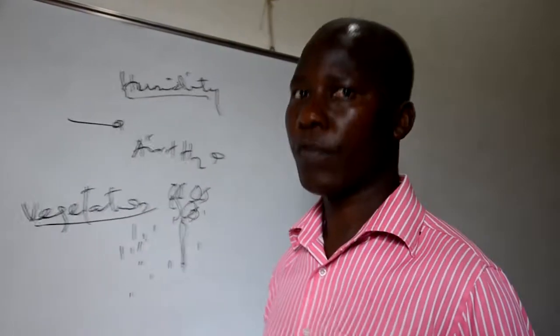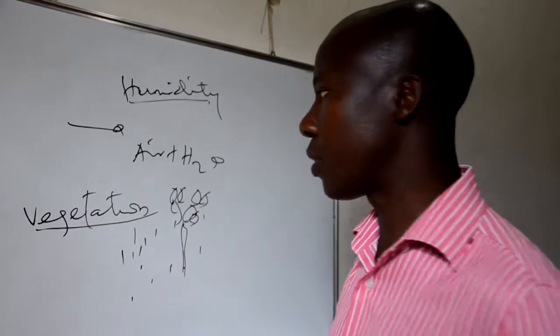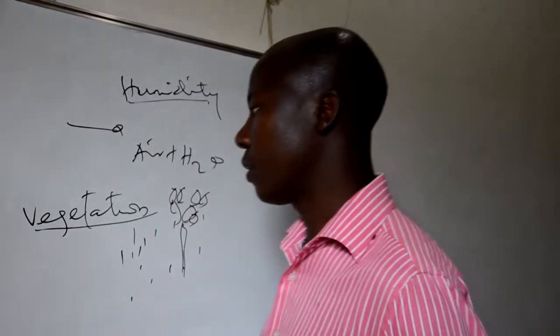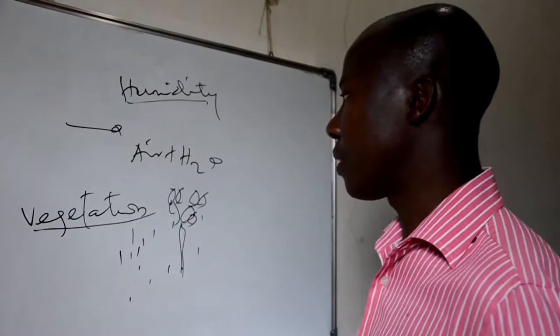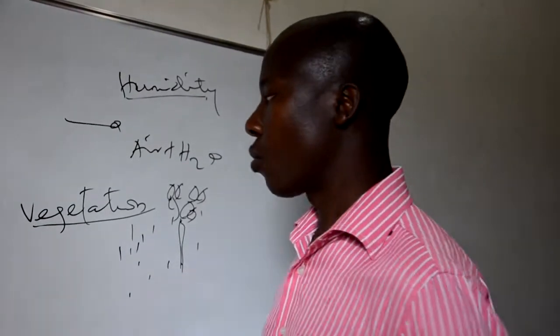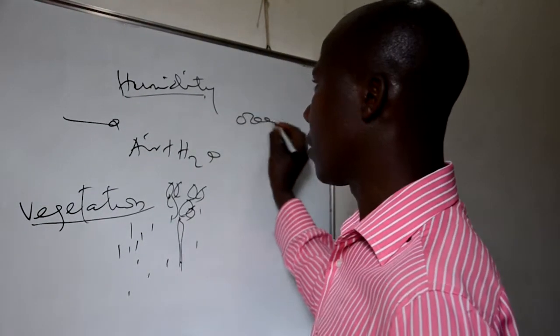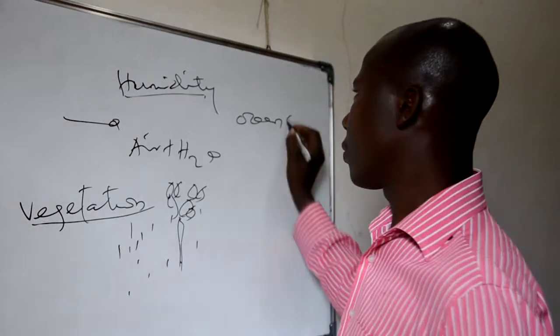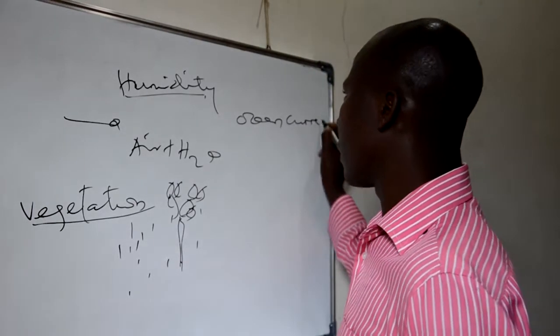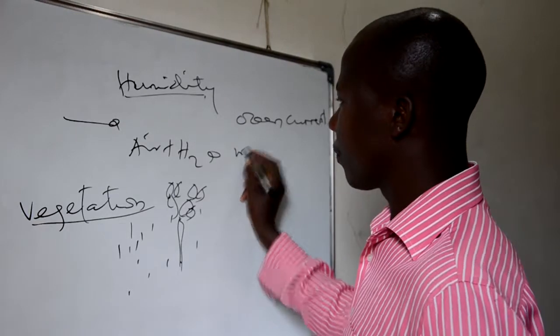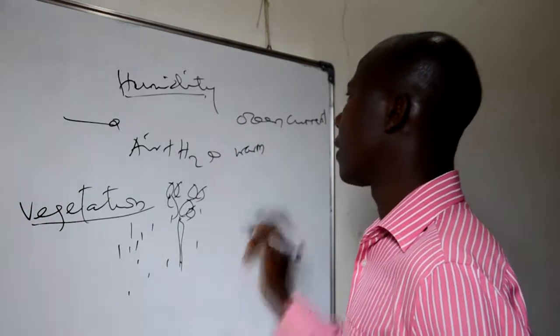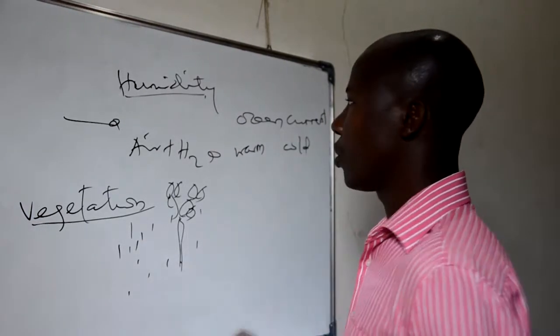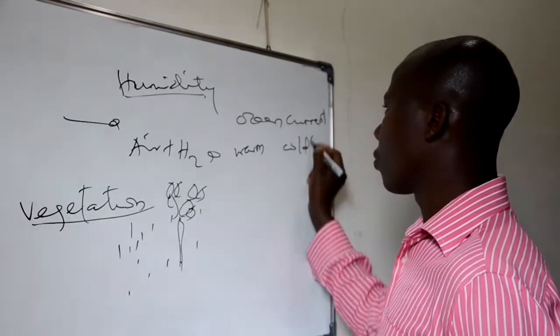Another factor that influences humidity, or dampness of water vapor, in a particular area is the ocean currents. As I told you, ocean currents are categorized into two parts, which are warm ocean currents and cold or cool ocean currents.